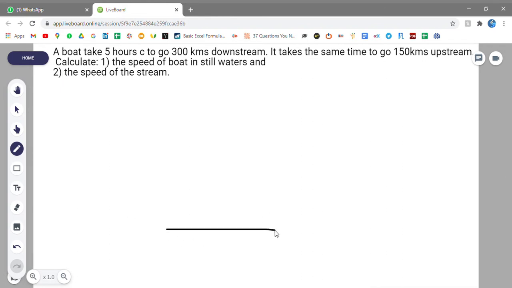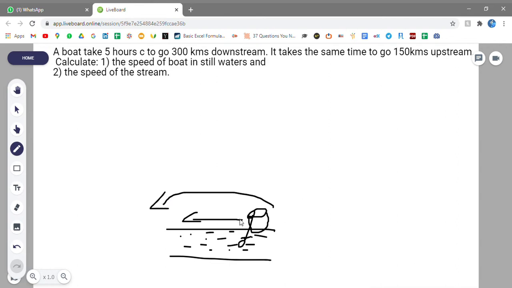Okay, so I explained it: if this is the stream or any water body, and the boat is here, to the corner, I'm just drawing it to the corner. If the water is flowing this side and the boat is also coming this side, along with the water, then it is known as downstream.